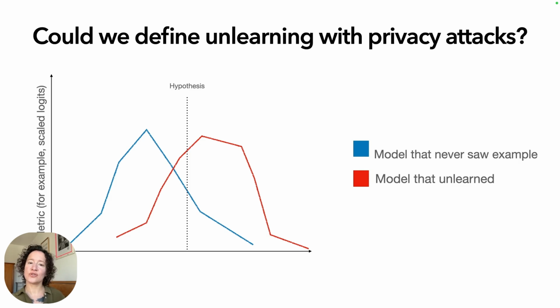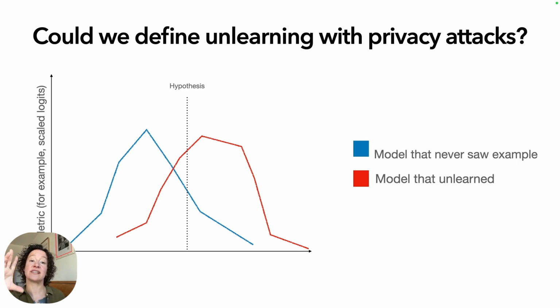Similar to the ideas around differential privacy, if we can separate these distributions in some meaningful way based on whatever metric we're going to use here, like one particular way is using what are called scaled logits. So it's the logit layer, which is the layer before the final prediction layer, and this logit layer has some extra information there that we can use.